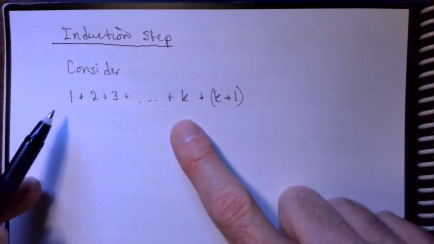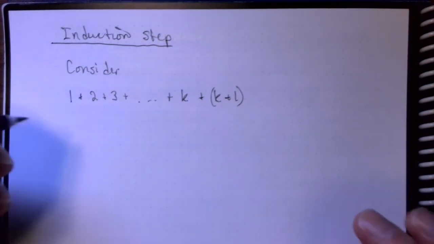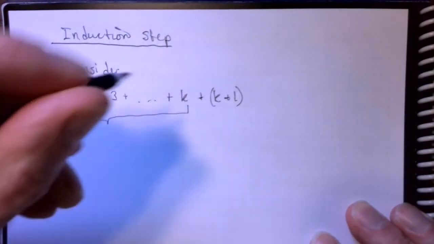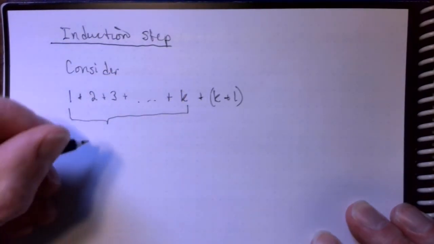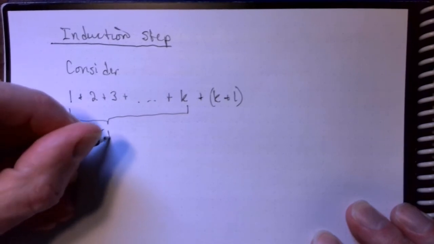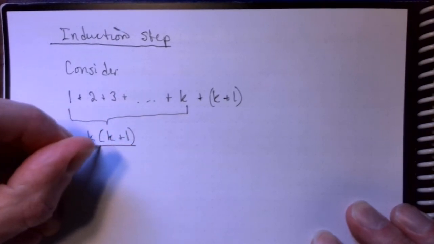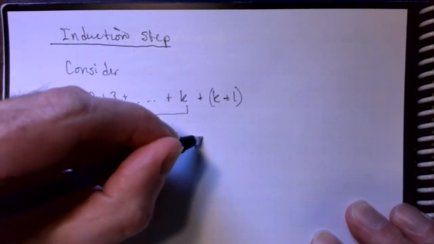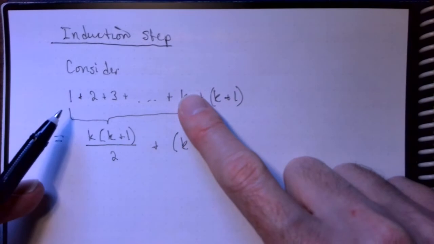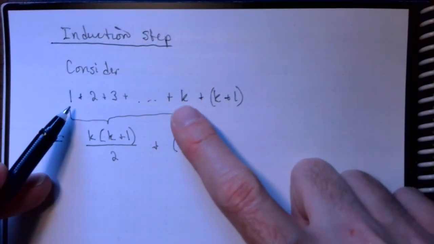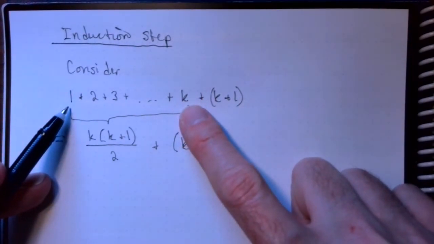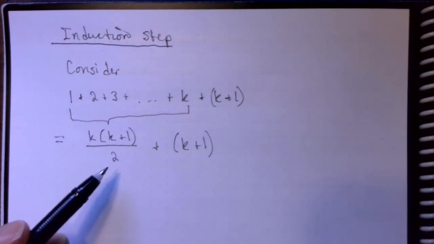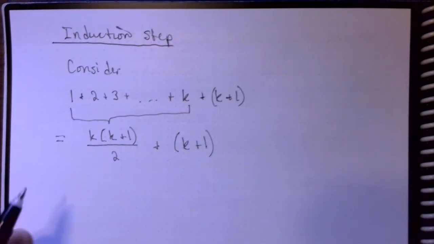Now the induction hypothesis says that I can take the first k terms and replace them with k times k plus 1 divided by 2. So by the induction hypothesis, this first group can be replaced by k times k plus 1 divided by 2. And now I want to see what I can do with this expression.